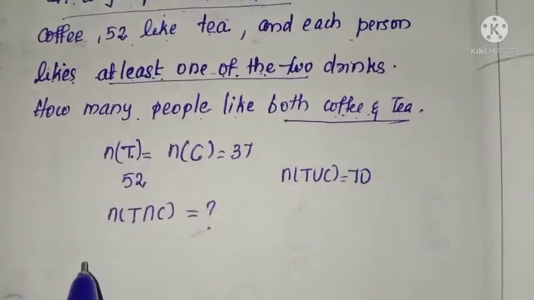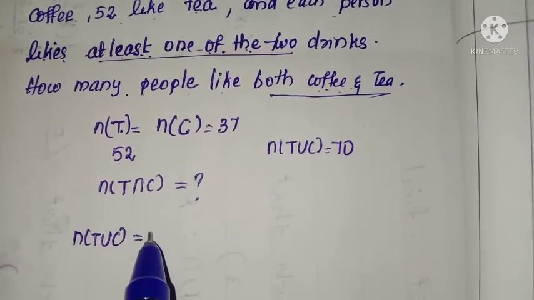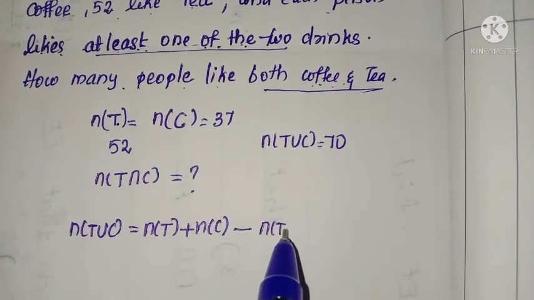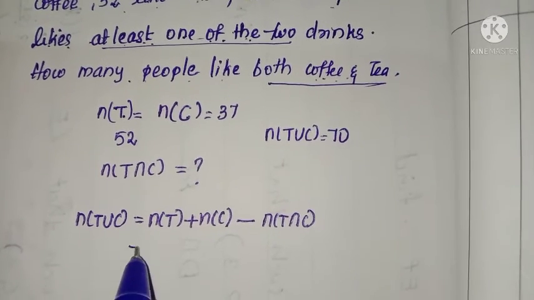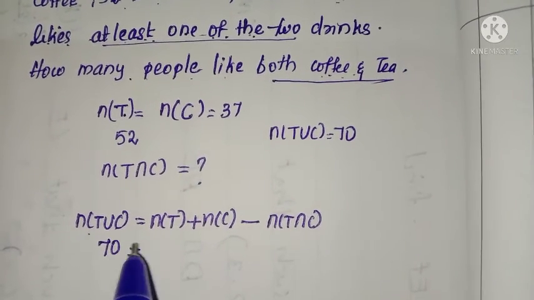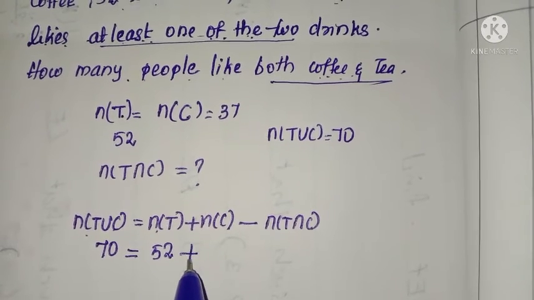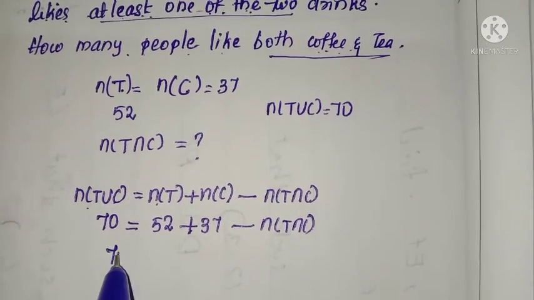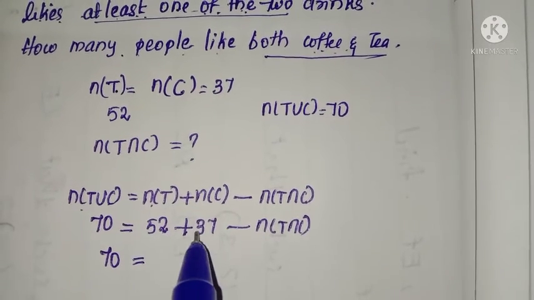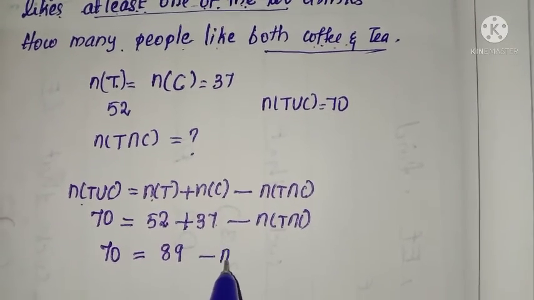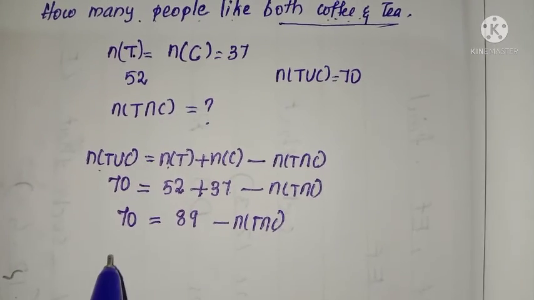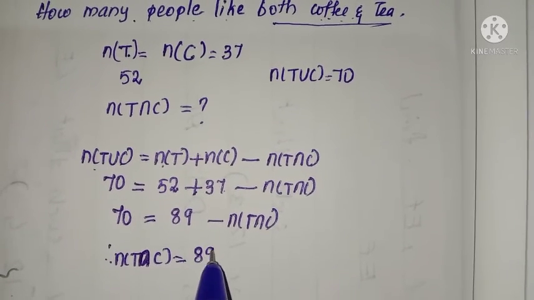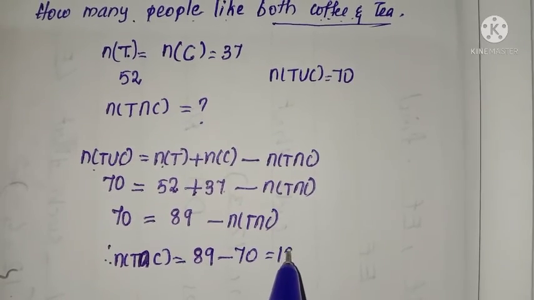Using the cardinality theorem, n of T union C equals n of T plus n of C minus n of T intersection C. Here n of T union C is 70, n of T is 52, n of C is 37. So 70 equals 52 plus 37, that is 89, minus n of T intersection C. Or n of T intersection C equals 89 minus 70, that is 19.